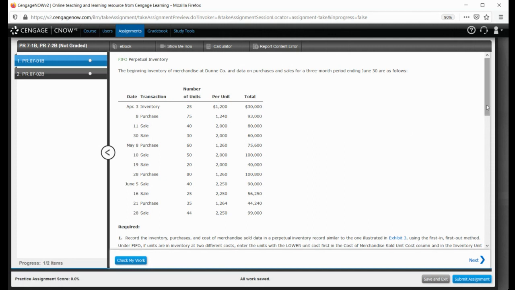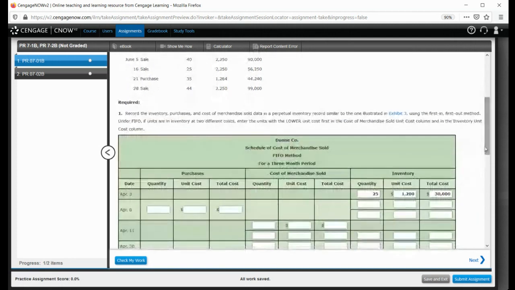What I want you to realize is, in these cost cards, only the cost of the merchandise inventory is going to go into the cost card. In a perpetual inventory system, we're going to keep a record of every time we make a purchase and every time we make a sale of our merchandise inventory.